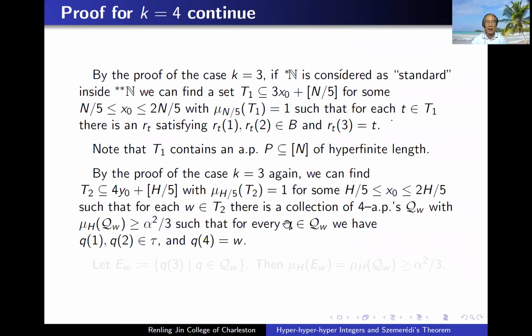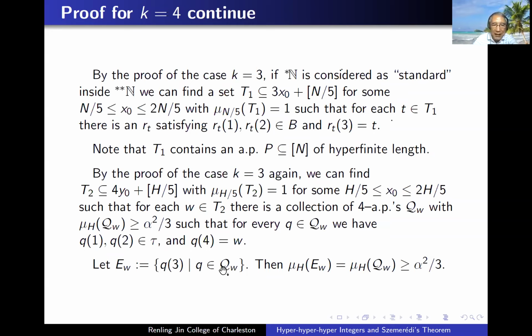So we have lots of those APs with cardinality alpha squared divided by 3. Originally it's divided by 2, but because we need a 4 AP, we should divide by 3. So if I leave the third coordinate free, the third coordinate will create a set of positive density.